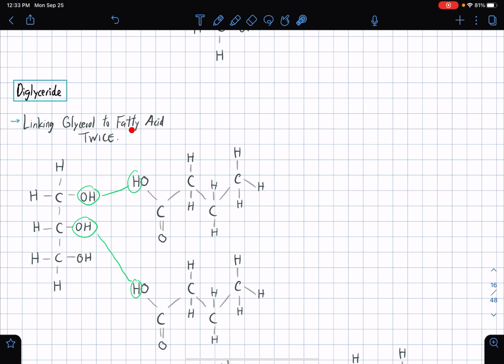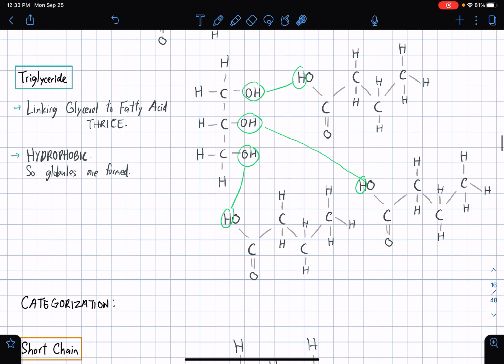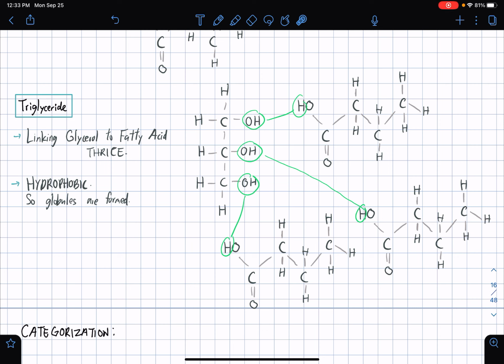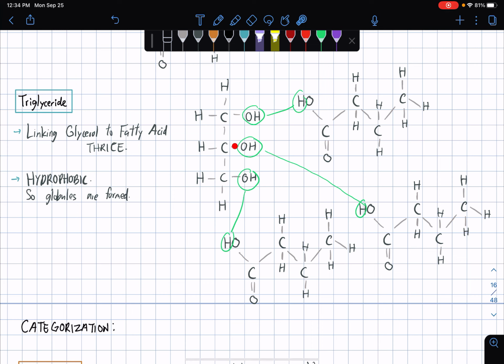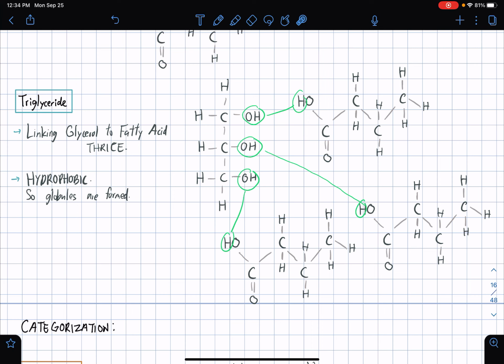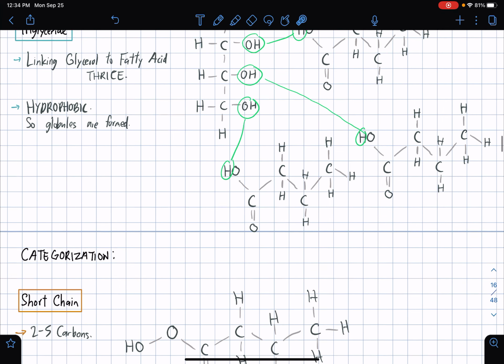For a diglyceride, we have two fatty acids, so I think this is a phospholipid. And for a triglyceride, this is fats, because there are three fatty acids and one glycerol. One glycerol is equivalent to 3 carbon atoms. And I guess this is the hydroxyl group, if I'm not mistaken.